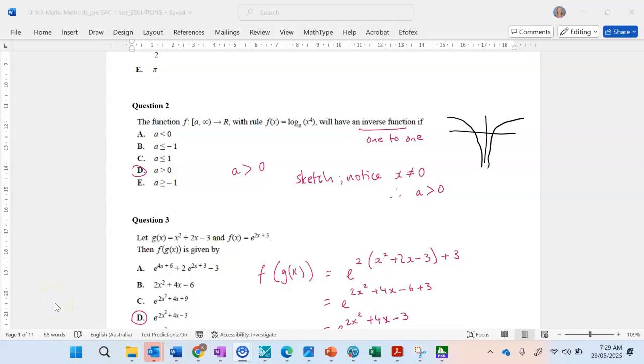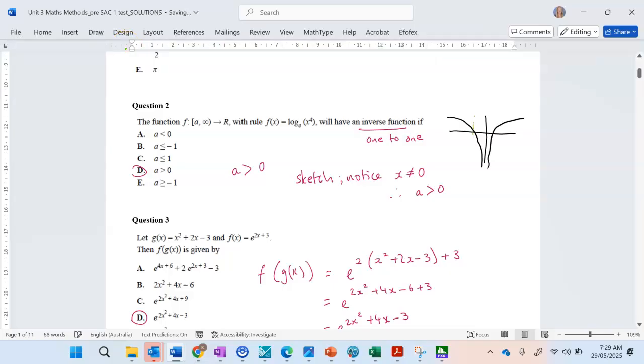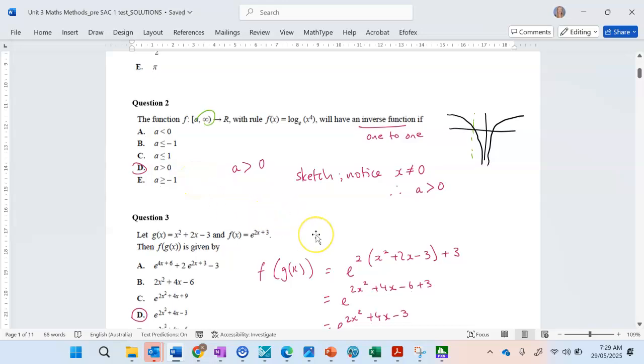I just had to pause to think, why couldn't it be less than 0? The fact it couldn't be less than 0 is because if we had it less than 0, let's say it was here, something less than 0, you can still see that it's not a 1-to-1 function because your upper limit is infinity. So a has to be greater than 0 to make it 1-to-1.